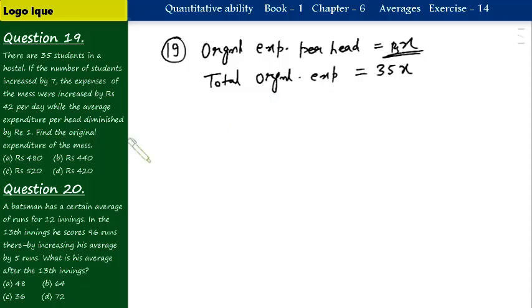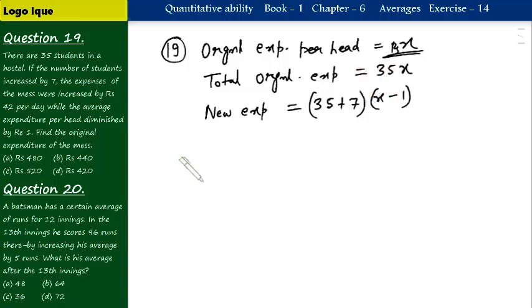Now, if the number of students increased by 7, then the number of students will become 35 plus 7, and the expenditure per head diminished by ₹1. So the new average expenditure should become X minus 1.